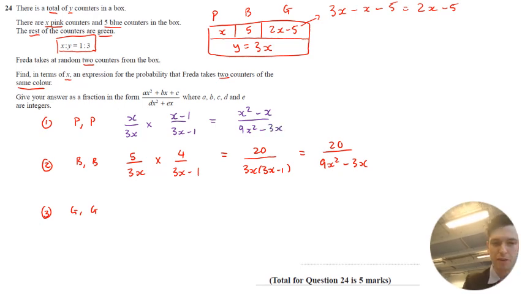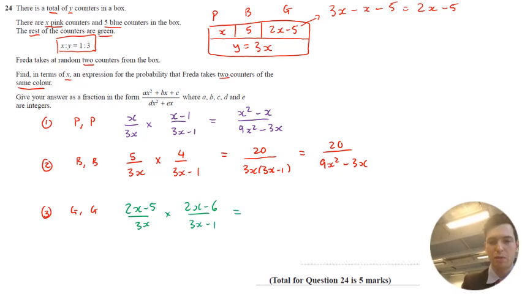And finally, for green, green, I should have done the blue one in blue, but I did it in red. But I'm going to do the green one in green. So the first one is going to be 2x minus 5 over 3x. And if there's one less green counter, then I just need to subtract it by 1. So 2x minus 6 over 3x minus 1.